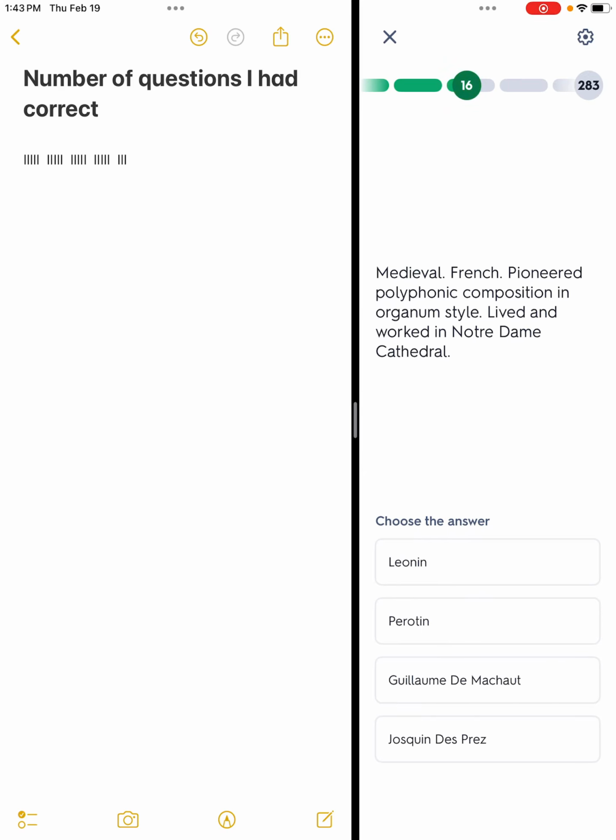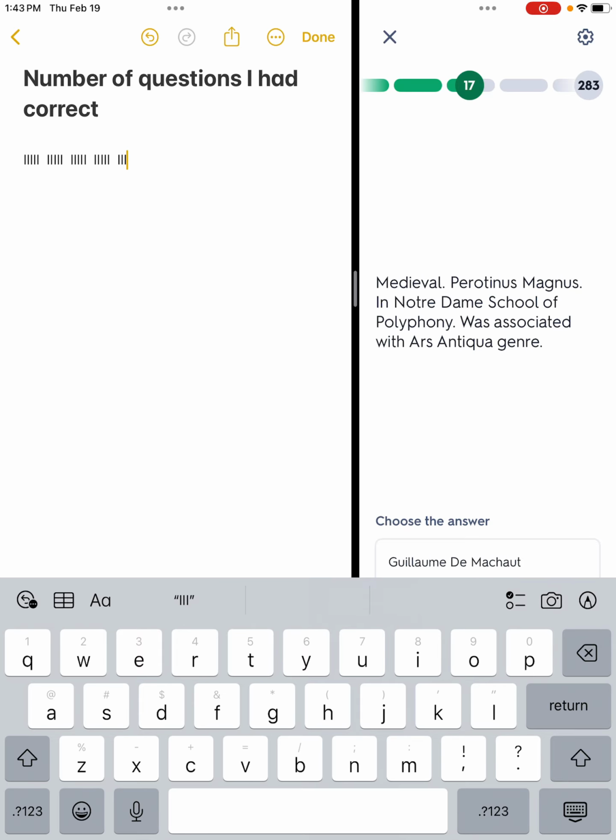Psaltery. Pioneer of the polyphonic. Okay.